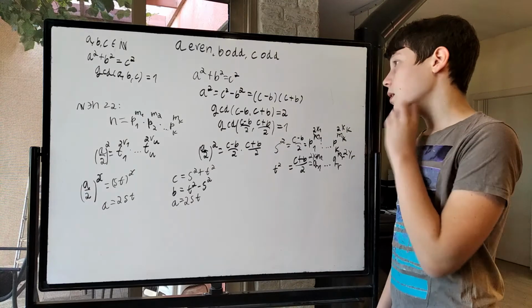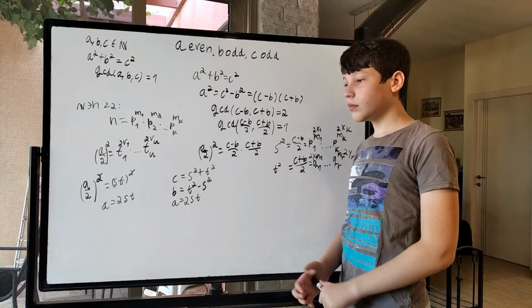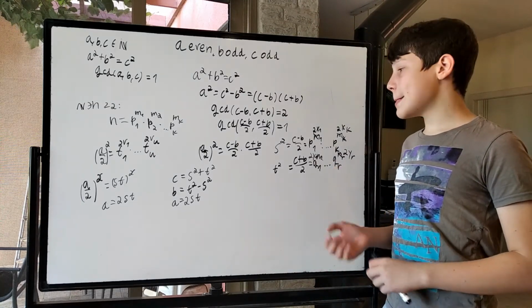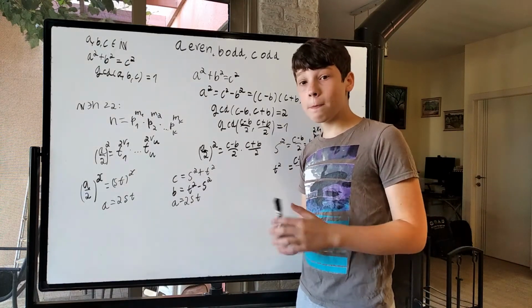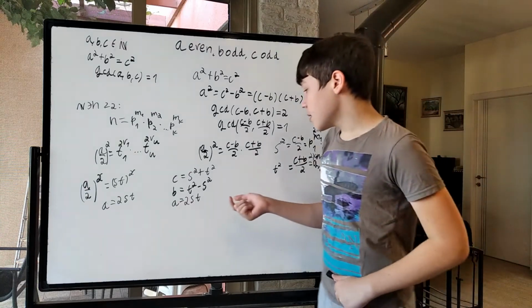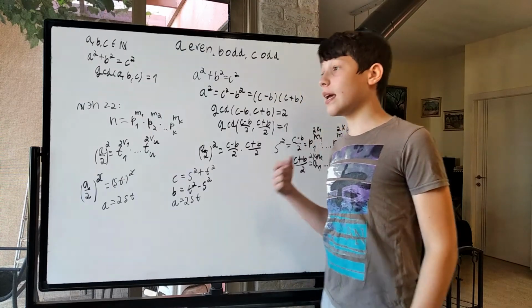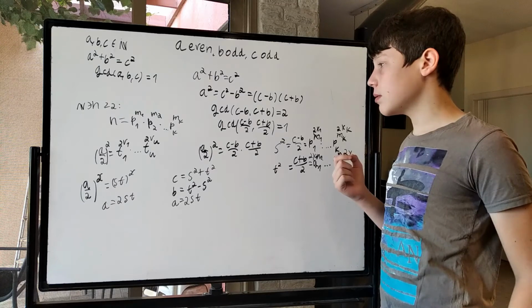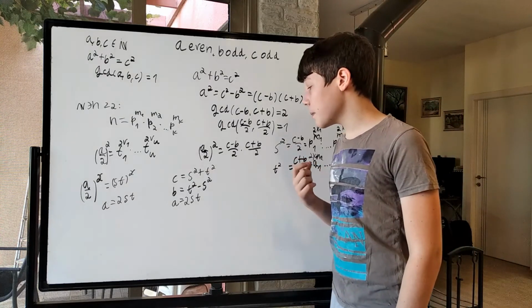But now we know every Pythagorean triple is just some number k times a primitive Pythagorean triple.